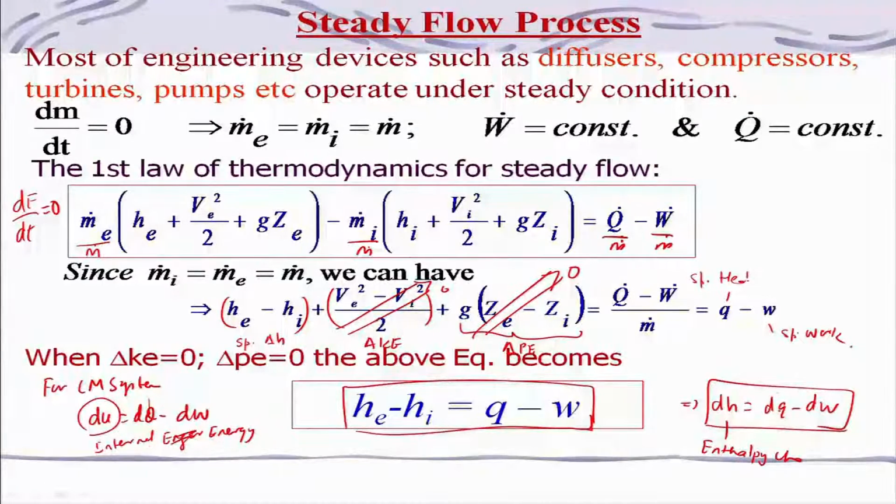Of course, this is for a unit mass, and this also you can write for unit mass as du is equal to dq minus dw.